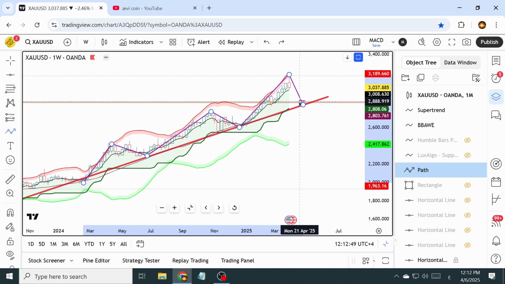Now this level at 2,800, if we see the price trading below 2,800, we could see further movement in gold. Now if this level holds, we could see a kind of consolidation in this zone, as in this area here.